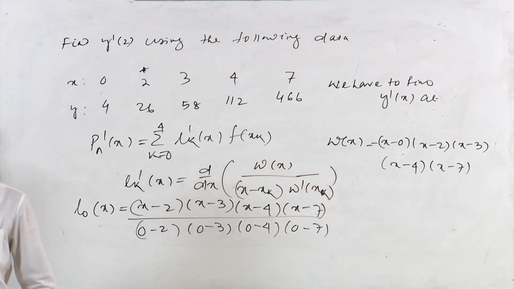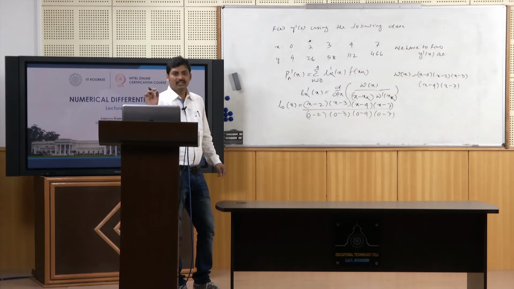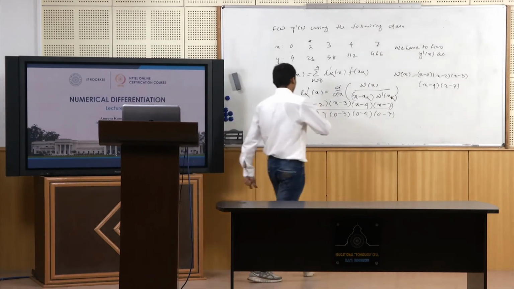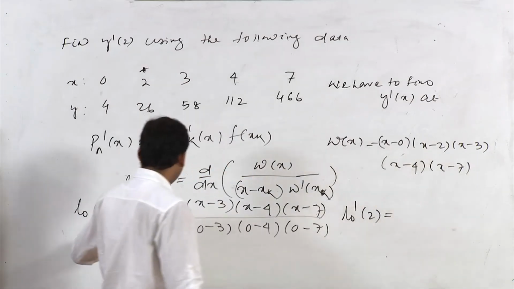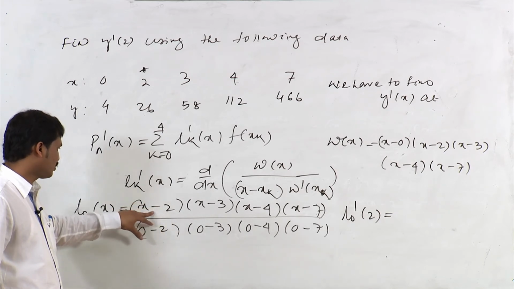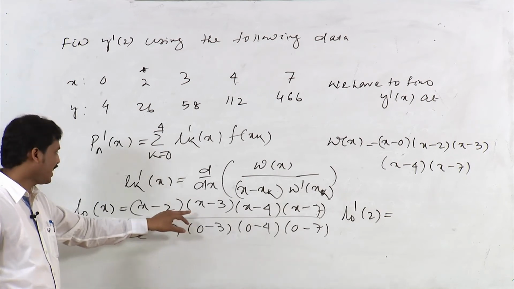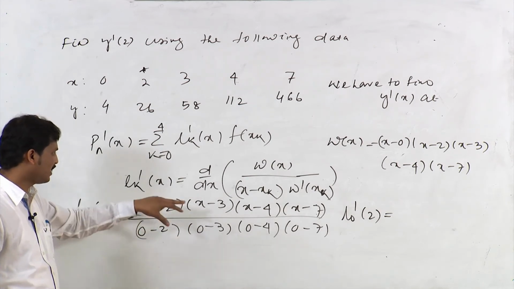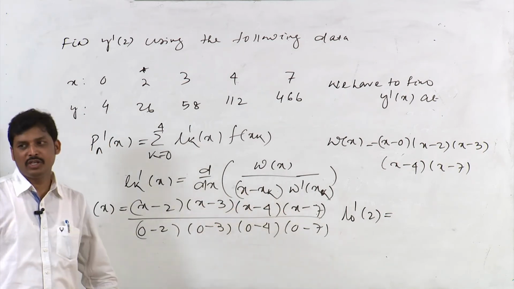So if you take this differentiation with respect to x here, that gives you at the point 2, L0 dash of 2, this one. So except for the first product, if you consider this one, this will give you a non-zero value, and everywhere else wherever x minus 2 is present, for the remaining derivative terms, that will give you a 0 term there.